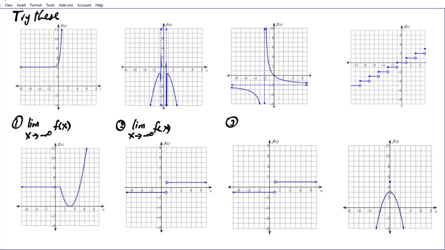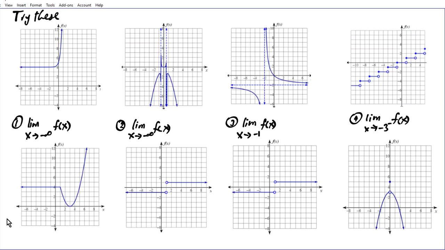For question 3, what is the limit as x approaches negative 1 of the function? Number 4, what's the limit as x approaches negative 3 from the left of the function?